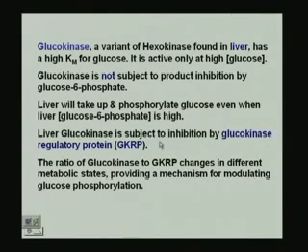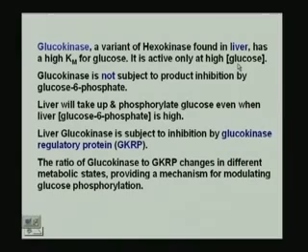Now, the liver glucokinase is subject to inhibition by another protein, and the protein will regulate when glucokinase is going to act. So, it is not inhibited by a product, it is inhibited by another protein that regulates when it should be acting on glucose and when it should not. This glucokinase regulatory protein would work when we have low glucose, because high glucose would have glucokinase work on it.